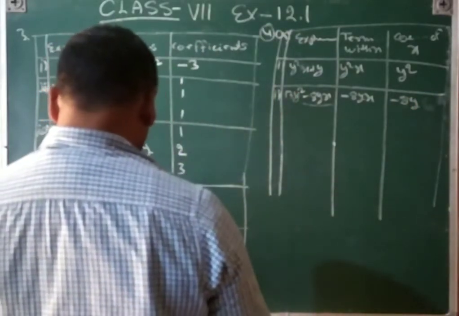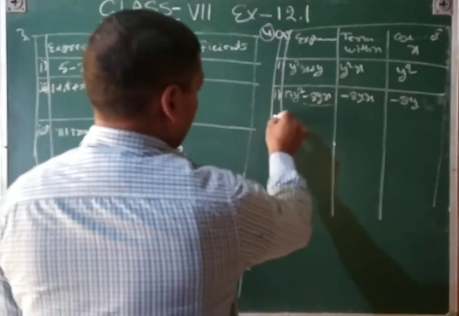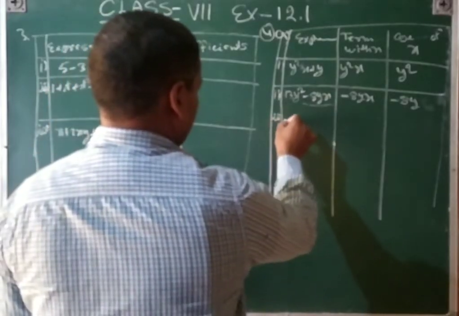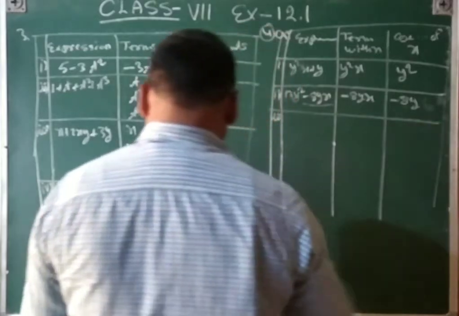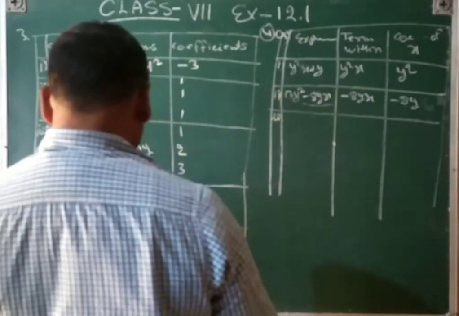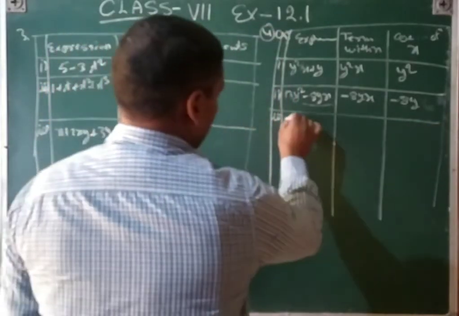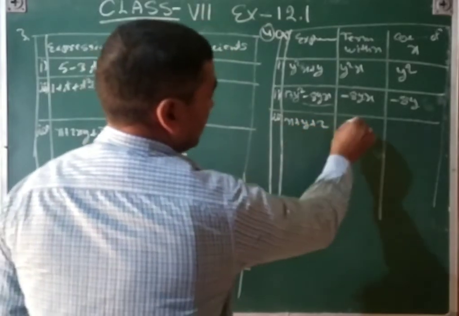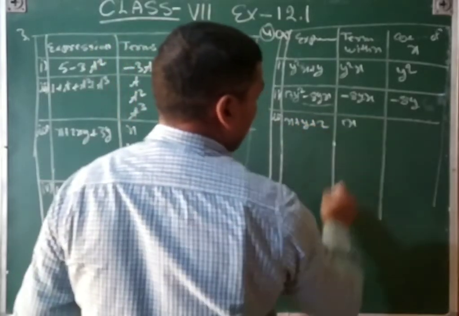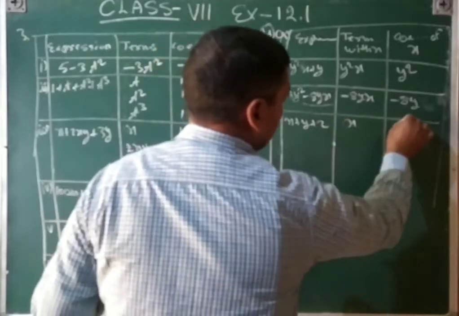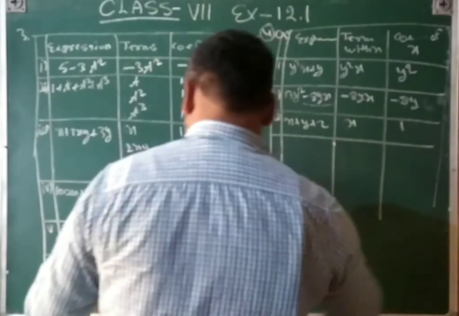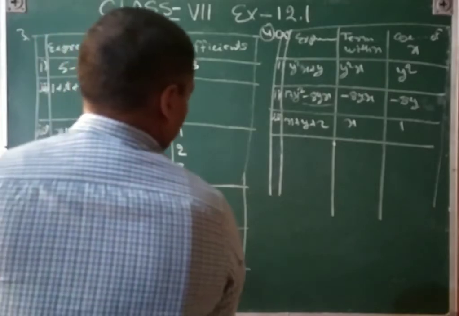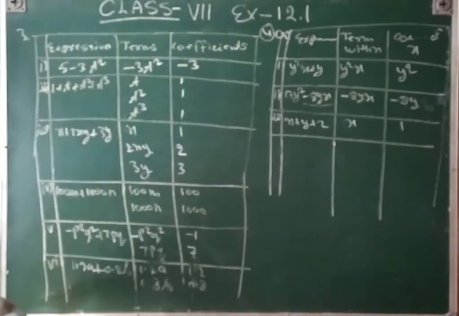And then the third part, similarly you can do, no problem will be there. See x plus y plus 2. In this term only x is there. So with x, 1 is always there. So that is 1.